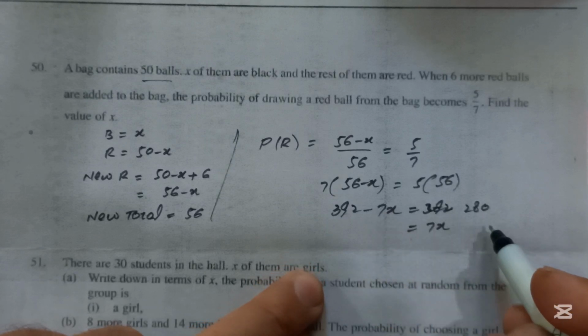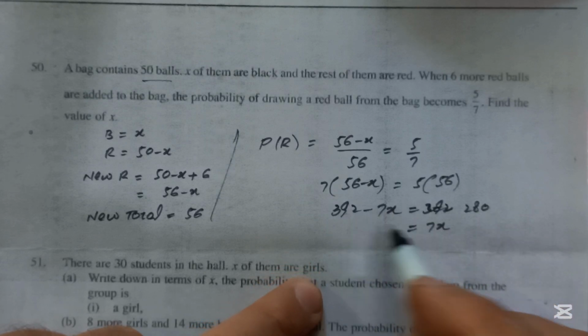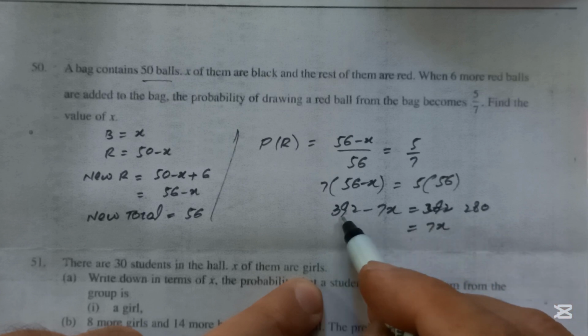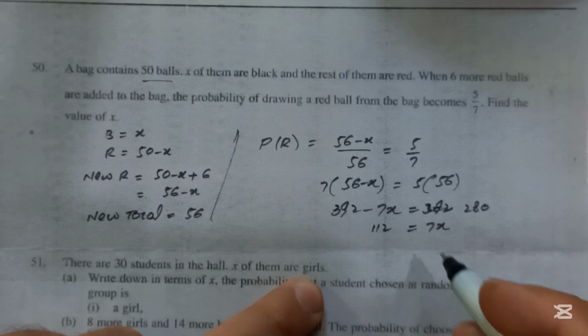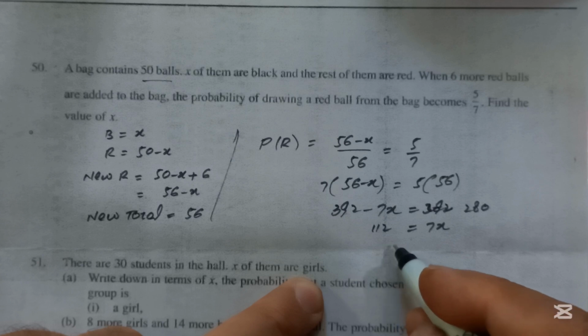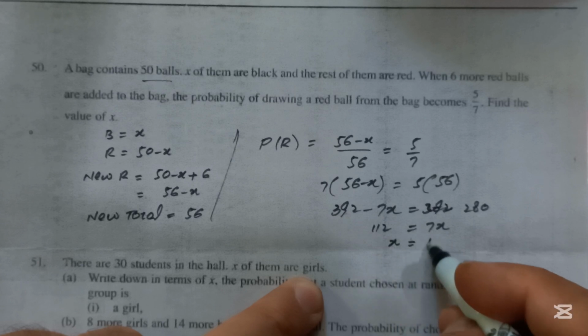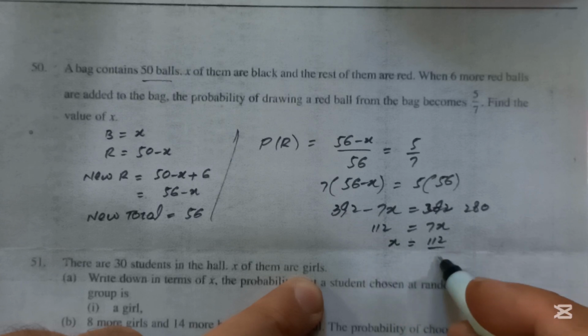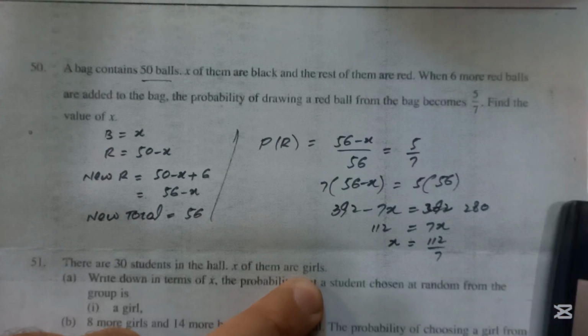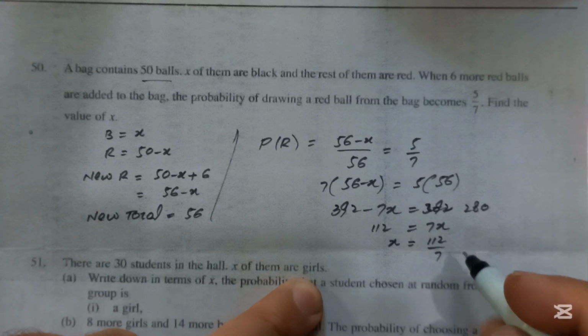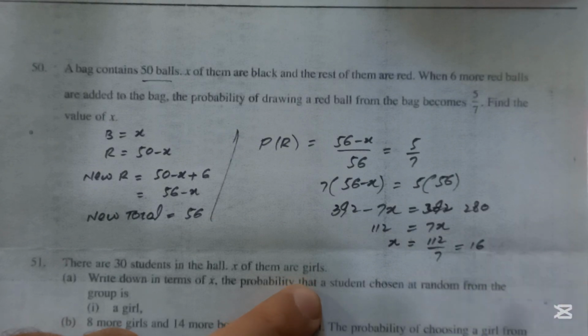This goes to the right side and this will go to the left side, so 112 and 7x will go to the denominator, 112 over 7. Just solve it on the calculator. 112 divided by 7 will be equal to 16. So this is the answer.